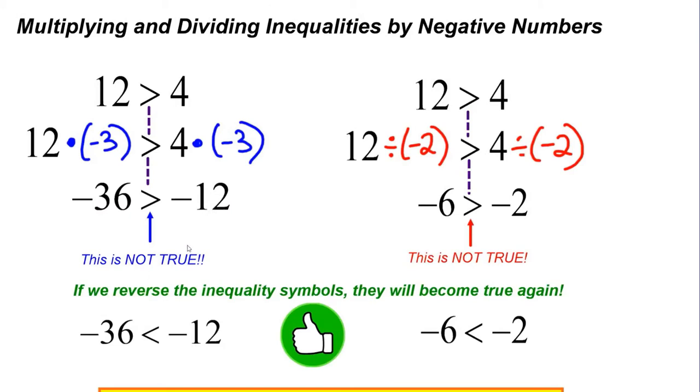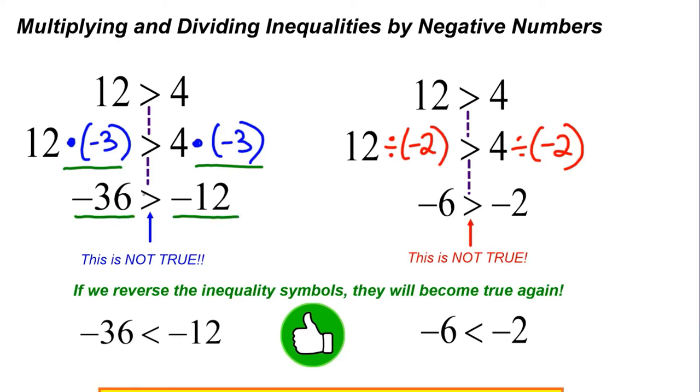Now, what happens when you multiply or divide by a negative number? So here I start with the same inequality, 12 is greater than 4, but this time I multiply both sides by a negative 3. And when I multiply by a negative 3, a positive times a negative is a negative, so I get negative 36 and I get negative 12.